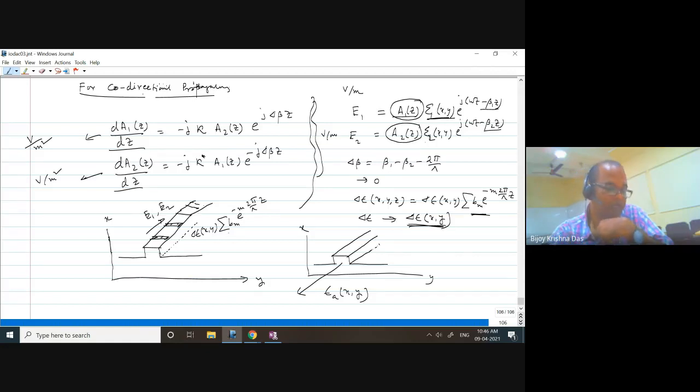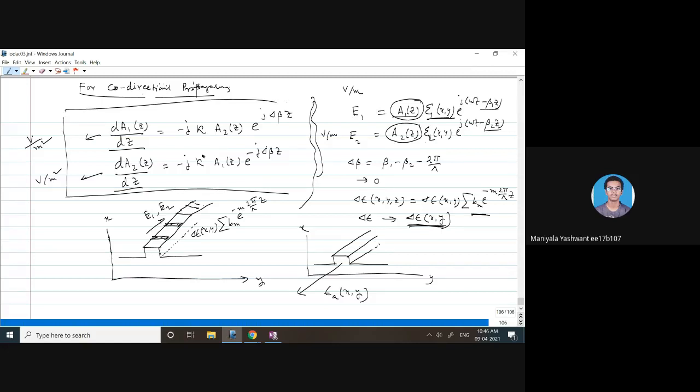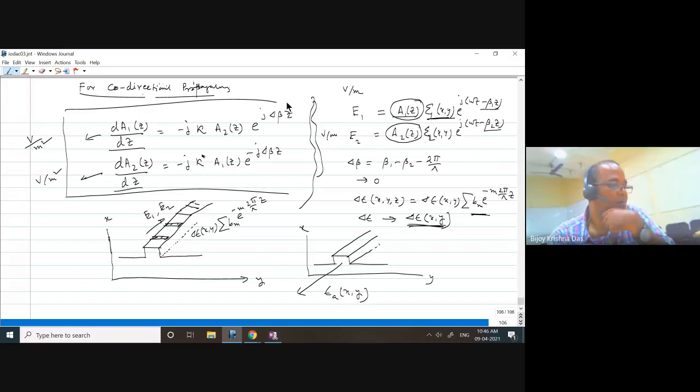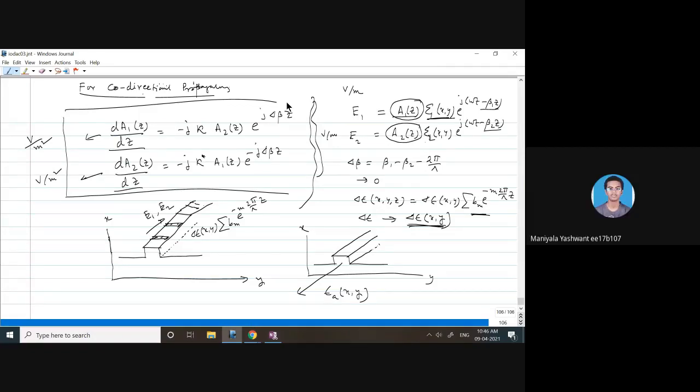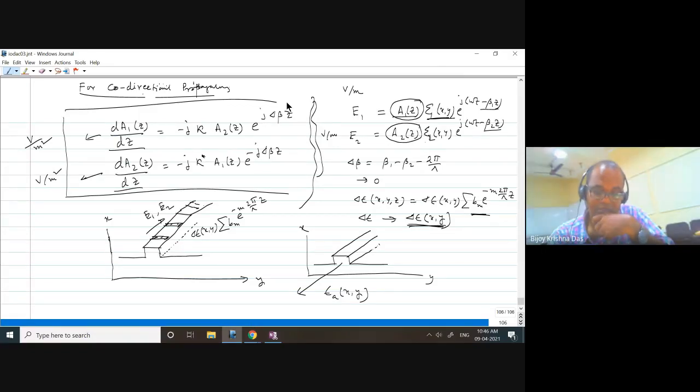For this type of perturbation, I have these coupled equations. Applying stress in those directions, stress in the longitudinal direction.